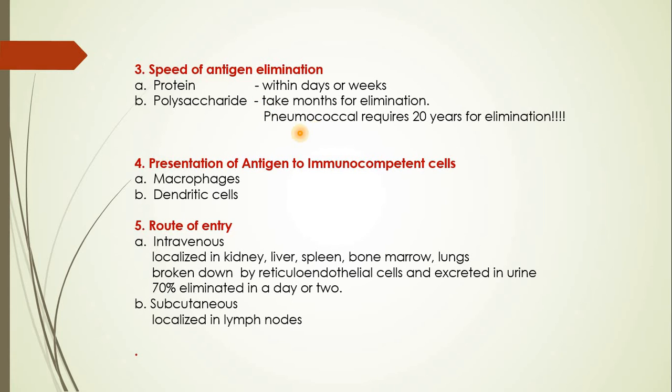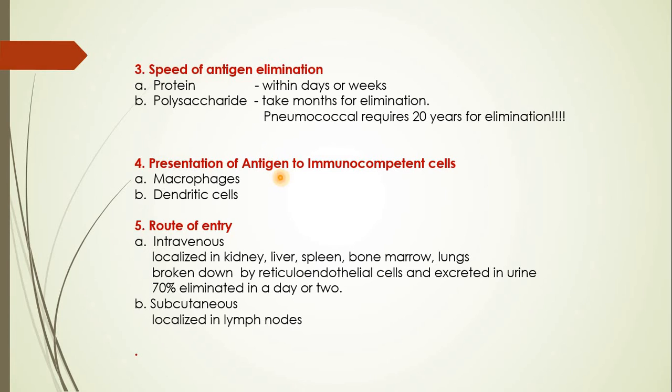The best example is pneumococcal polysaccharide, which persists for nearly 20 years in the body of humans, right? So this defines the speed of elimination in case of host body.